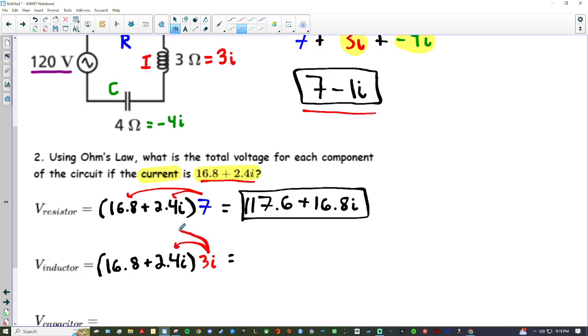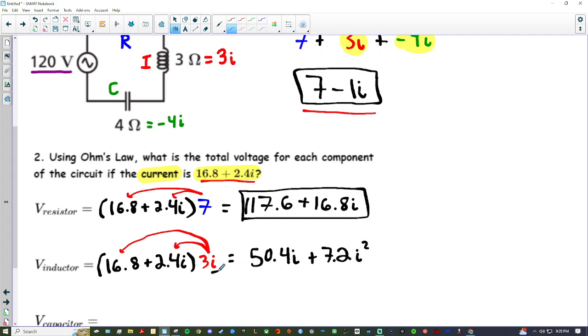And just like before, we're going to distribute that 3i. And now we have to be a little more careful because we have an imaginary number. Okay, so let's start multiplying. 3i times 16.8 is 50.4, and then we bring the i along, 50.4i. And then we need to multiply 3i by 2.4i. Here's the tricky part. We get positive 7.2 i squared.